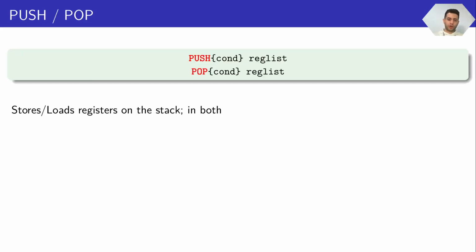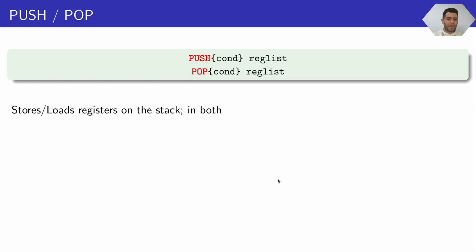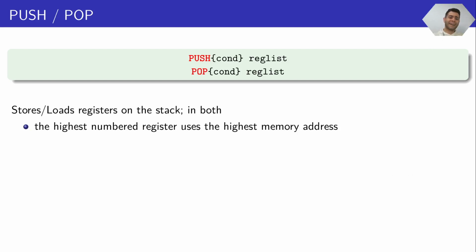So we have the push and the pop instruction with a condition and then the register list, because you remember, in the end, they are a store and a load instruction. In both push and pop, the highest number register uses the highest memory address.